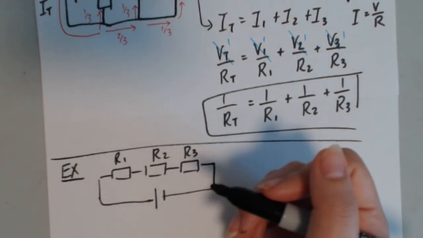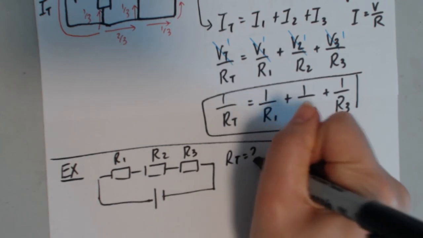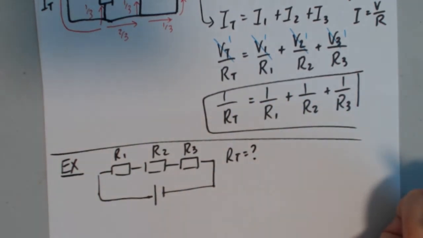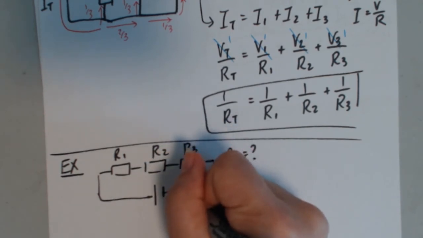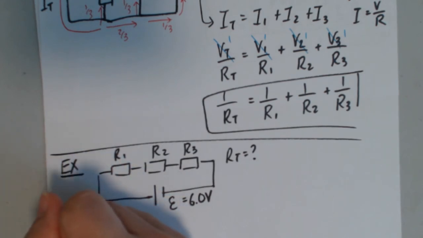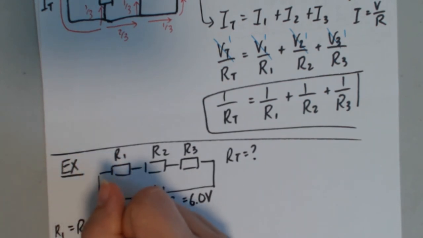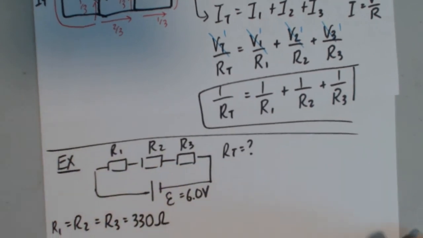So we are looking for equivalent resistance, R total. Some people call it R sub EQ, up to you. This is epsilon. Now epsilon, we're told, is 6 volts. And each of these resistors, R1 equals R2 equals R3, is 330 ohms.